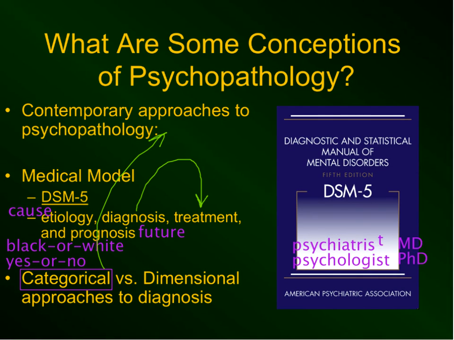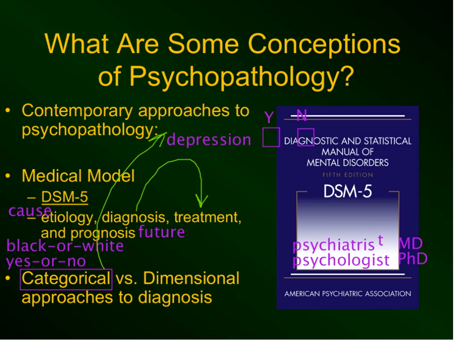Okay, with a categorical approach to diagnosis, for something like depression, what happens is you make a decision that yes, the person has the disorder, or no, they don't have the disorder. There's effectively a box that will get checked, and you decide yes, they have it, or no, they don't. There's no middle ground with this categorical approach to diagnosis that's embodied in this DSM-5.